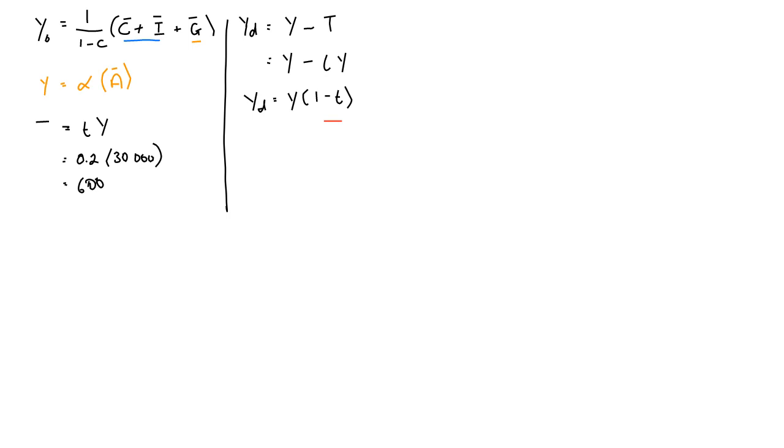Now remember, we also spoke about consumption earlier on, and we said that consumption in this case is autonomous spending plus your multiplier and whatever your disposable income would be at that point in time. But now we understand what your disposable income is in this case.